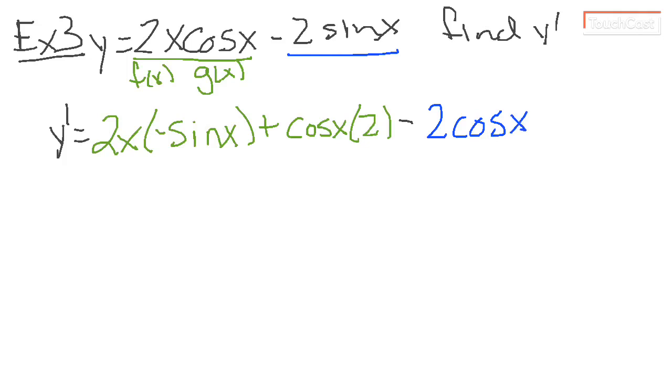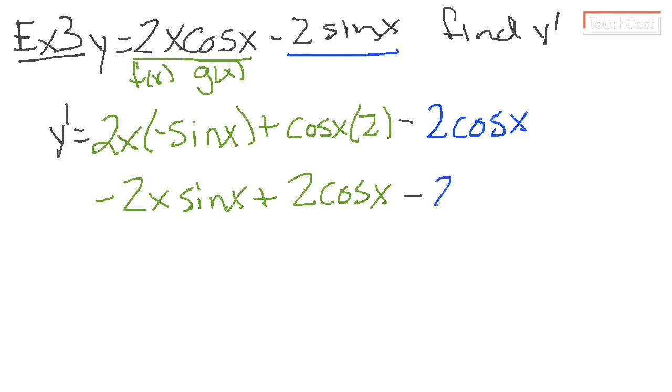Now let's clean up what we've got here. 2x times negative sine x, we can call that negative 2x sine x. Plus cosine x times 2, we'll just call that 2 cosine x. Minus, we don't really have to clean up that last bit, 2 cosine x.